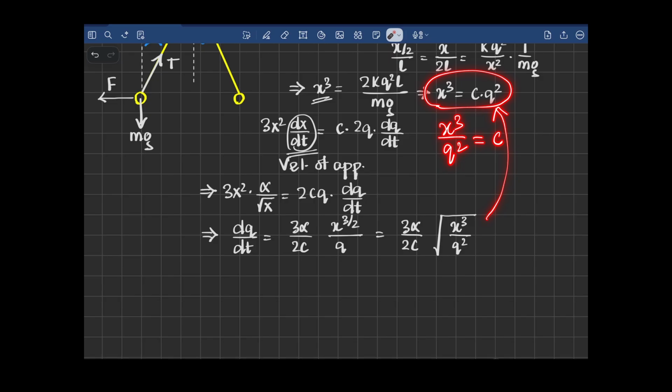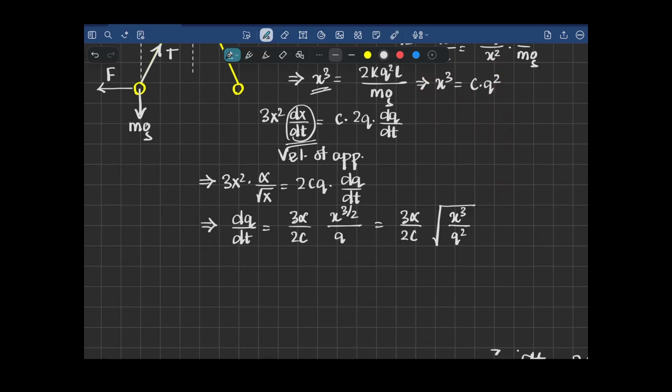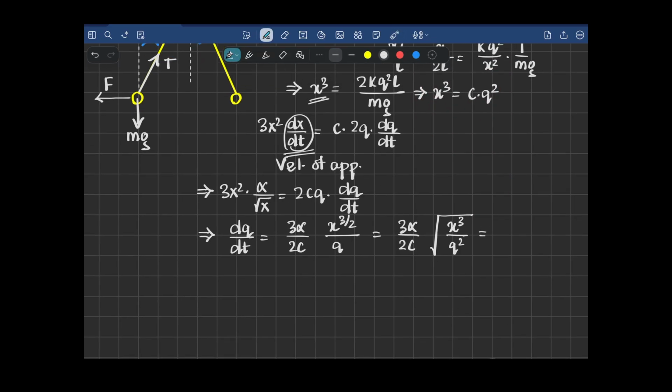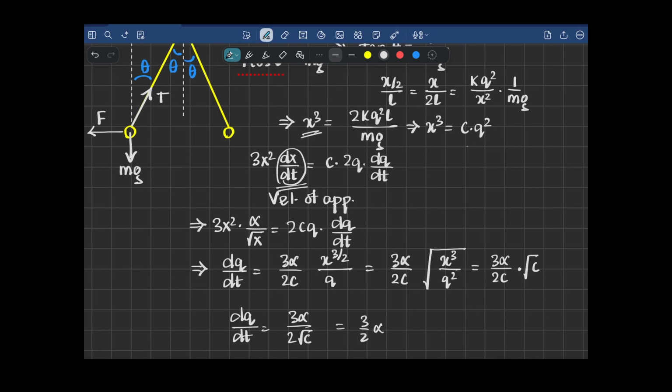That c we have already assumed. So let's replace it. We get the term as 3 alpha by 2c into root over c. So finally we get dq by dt equals 3 alpha by 2 root c. What is the value of c here?